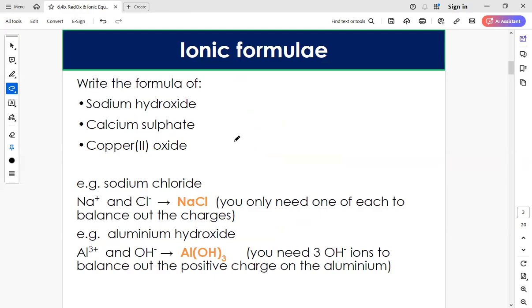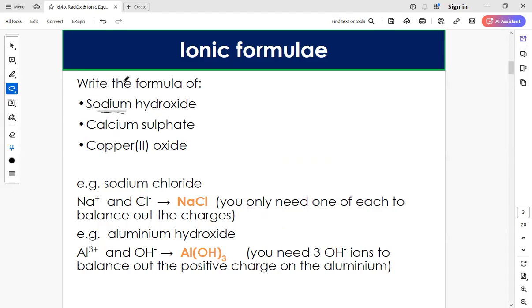Okay, so let's move on to ionic formula. So yeah, what are ionic formula? So ionic formula जो होते हैं ना, for example, if you have sodium hydroxide, okay, ionic formula just tells you what is the charge or the oxidation state of each of these chemical species.